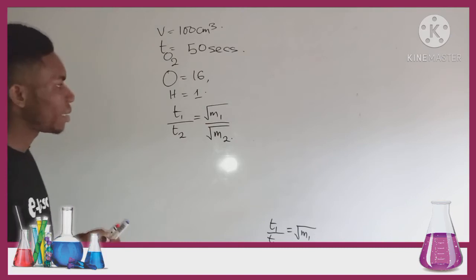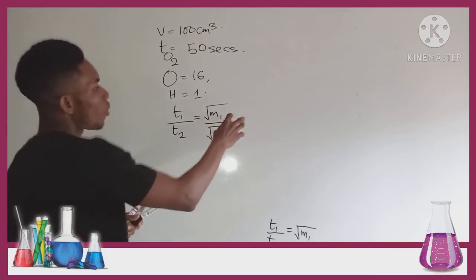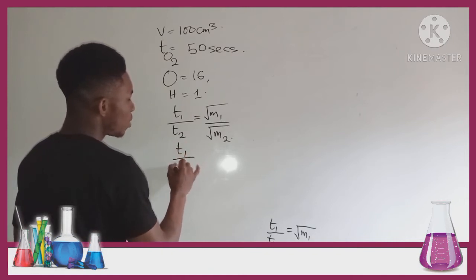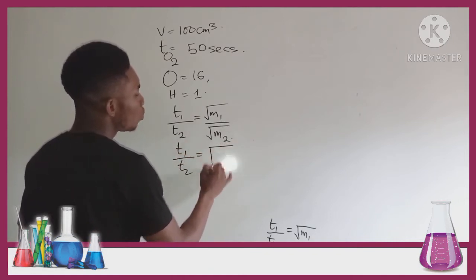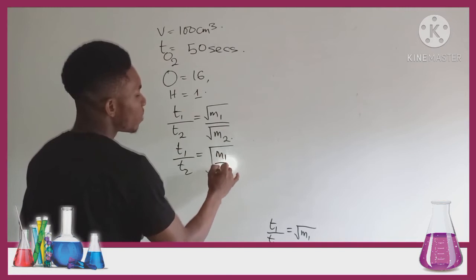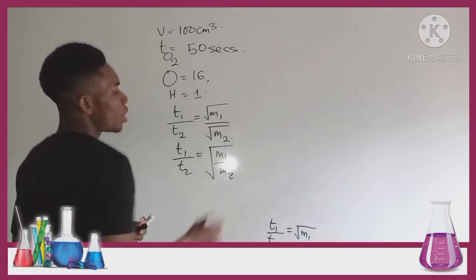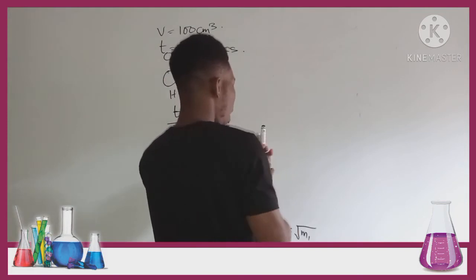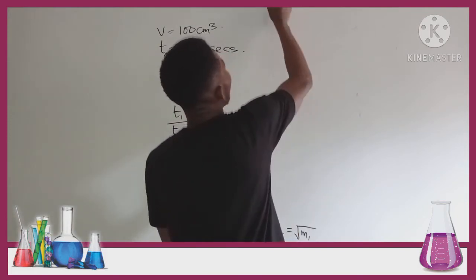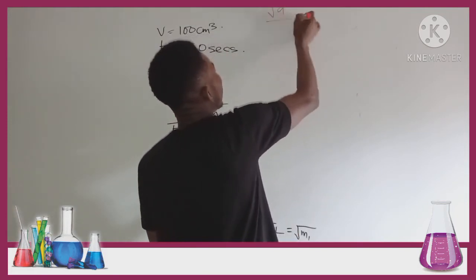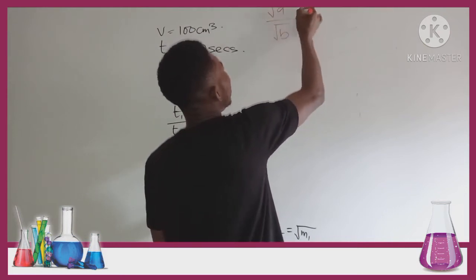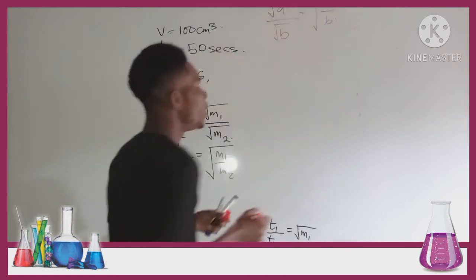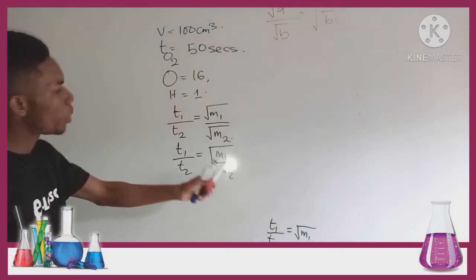Please remember this. From indices, we can use one root to cover both, since both have roots. According to the law of indices, root A over root B is the same as root of A over B.